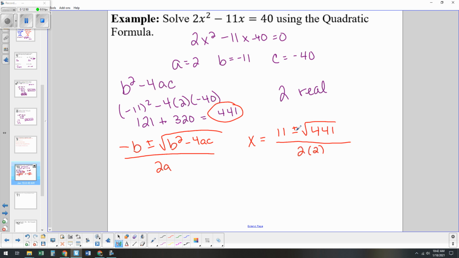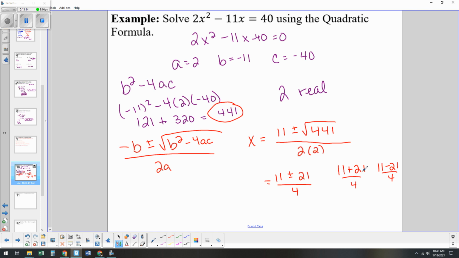It's just now 441. So now I'm going to have 11 plus or minus, and if I take the square root of 441, I get 21. And 2 times 2 is 4. So what this means is I have 2 answers, 11 plus 21 over 4, and 11 minus 21 over 4.